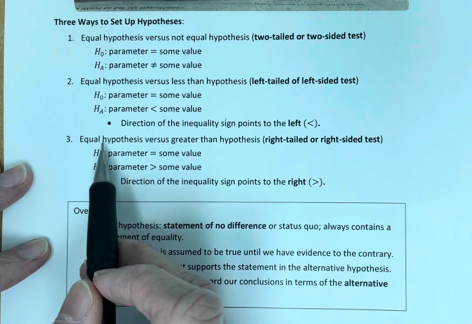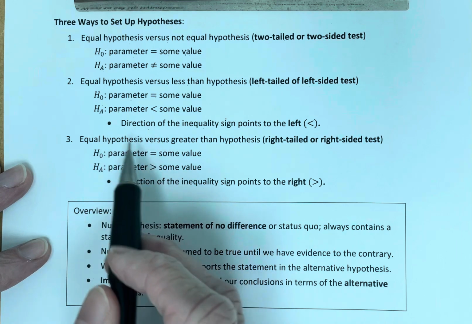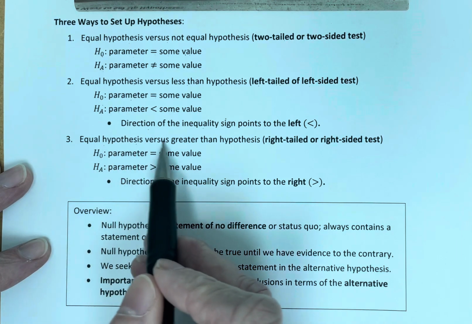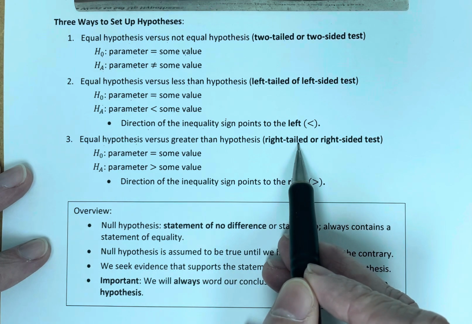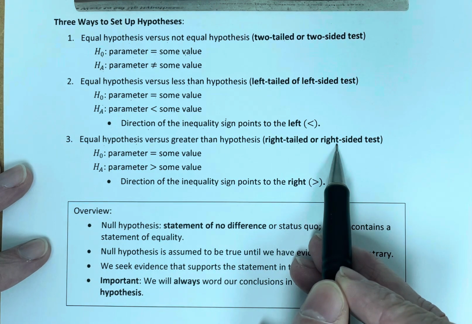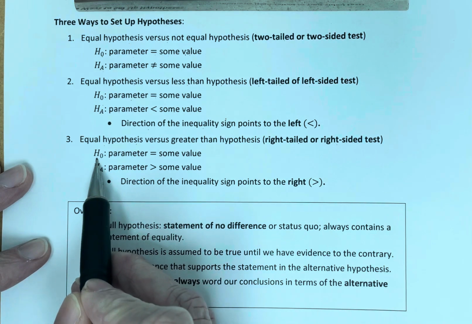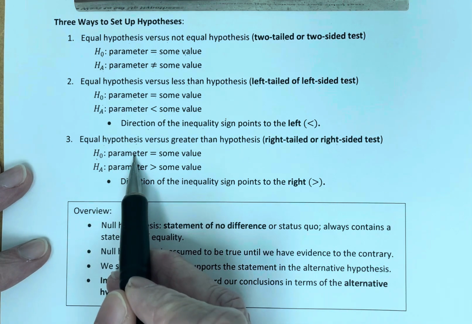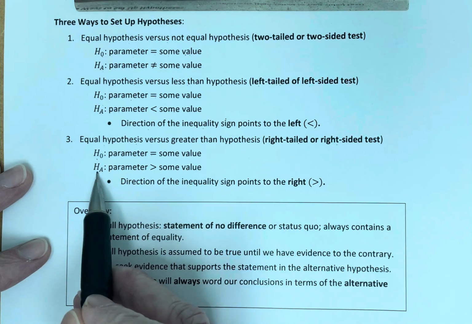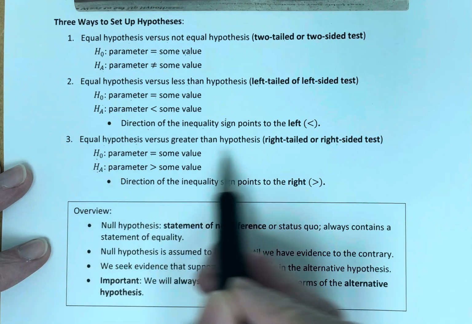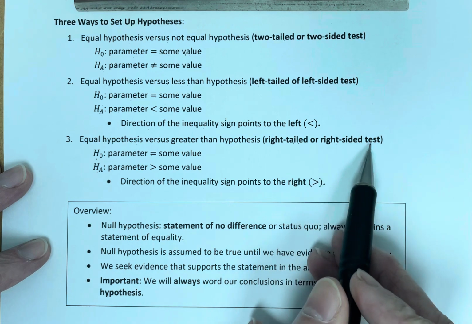And the third way to set up a hypothesis, you have an equal hypothesis versus a greater than hypothesis, which is a right-tailed or right-sided test. Here's your null hypothesis, always assumed to be true, parameter equals some value. And here's your alternative hypothesis in a right-tailed or right-sided test.